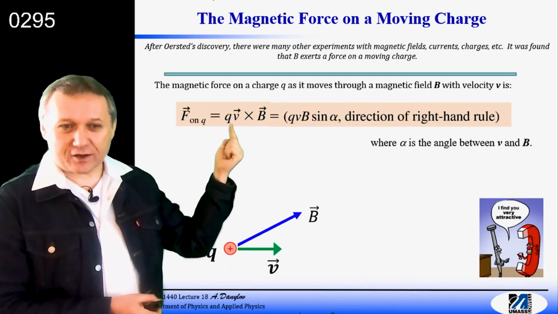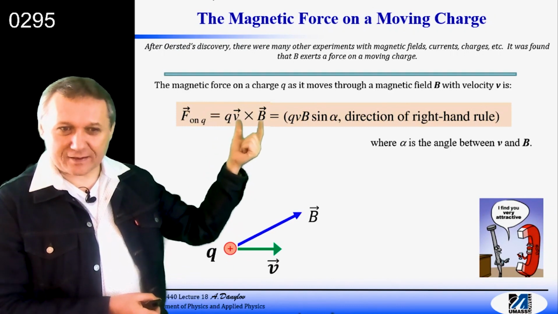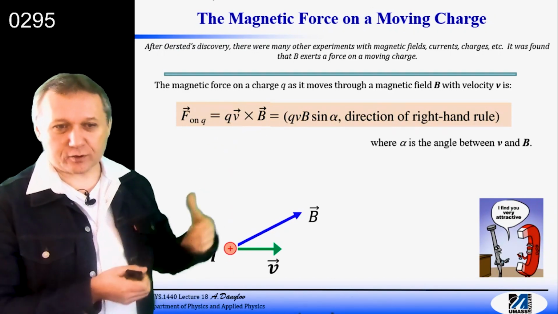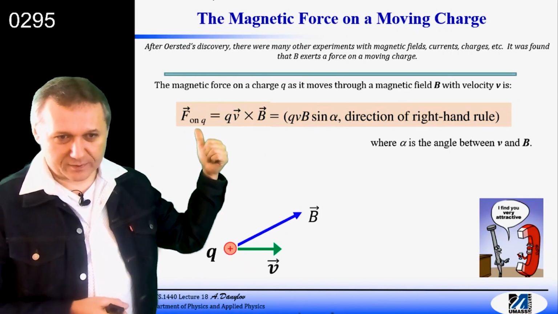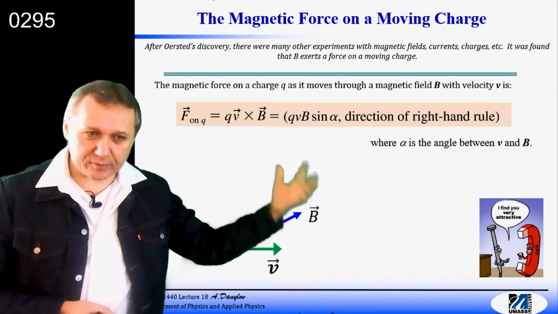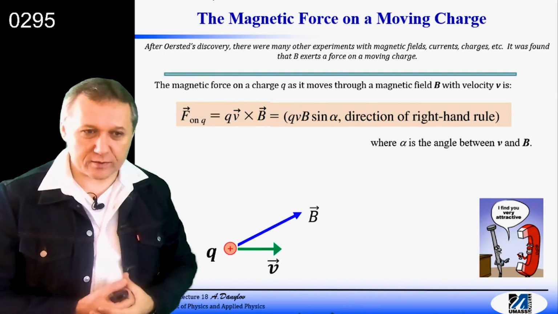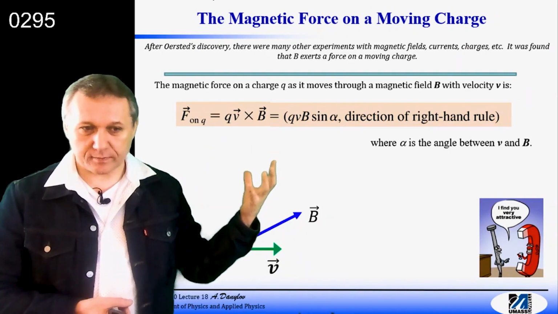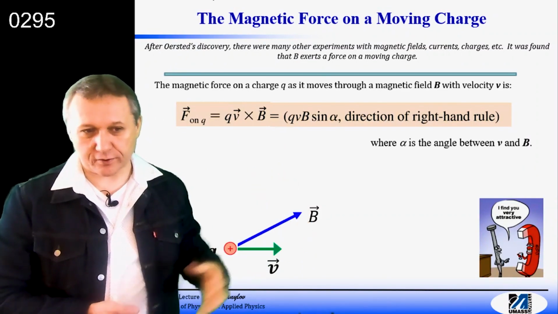But if the charge is negative, then this direction must be flipped in order to find the direction of the force. Be careful, I will keep reminding you about this. The same as with the electric force, it's sensitive to the sign of the charge.